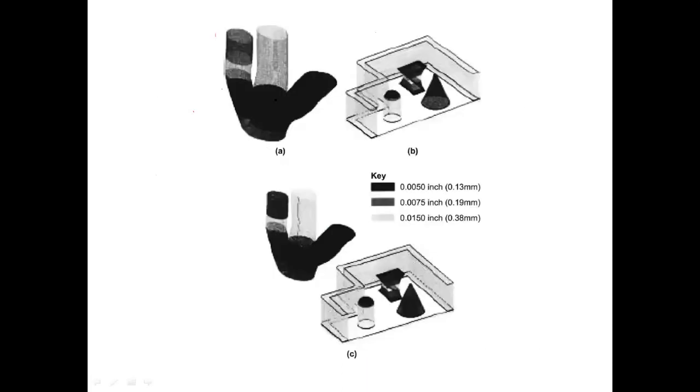Now there are three basic features. This is one feature, this is another feature, and after this section, this is another feature. So first of all, you have to identify what the critical features in your object are.